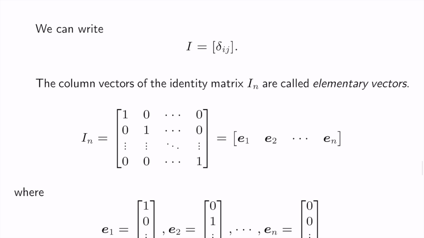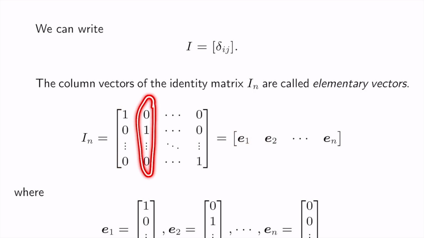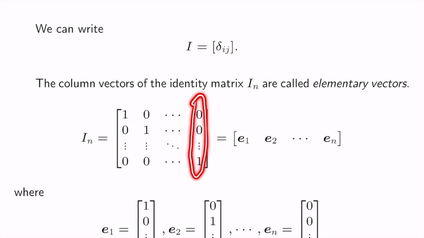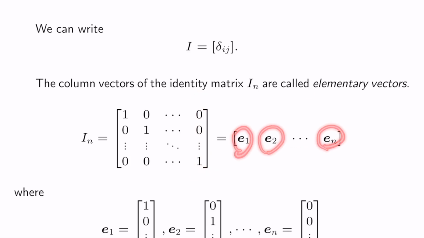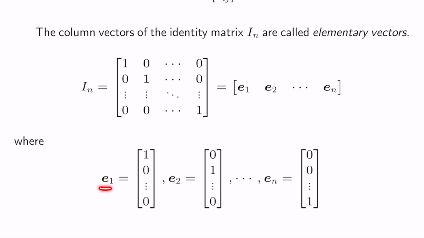We can also write the identity matrix in this block form, with column vectors e_1, e_2, up to e_n in this way. These column vectors are called elementary vectors. To be more specific, e_1 is this: the first element is 1 and everything else is 0. And for e_2, the second element is 1, but everything else is 0, and so on.